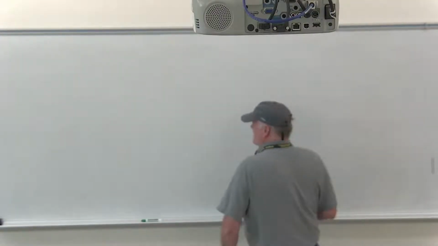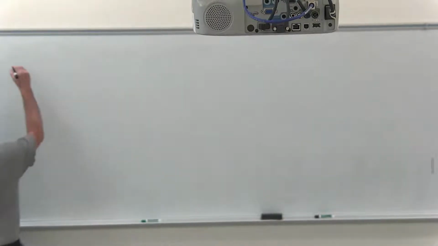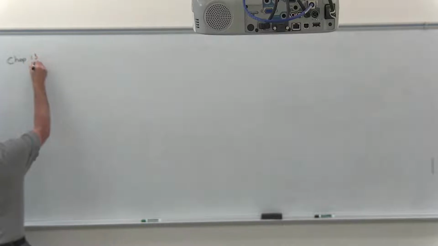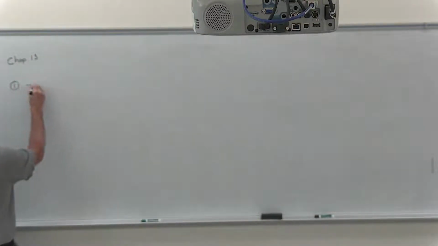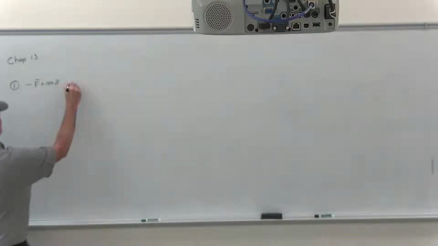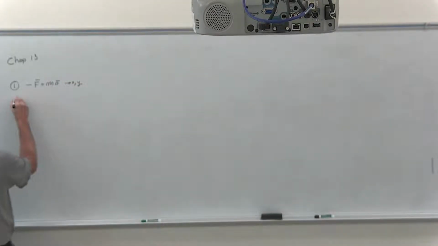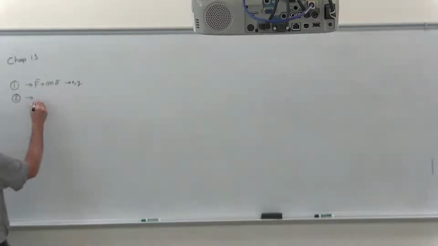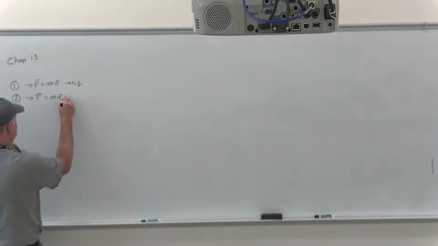So, chapter 13 has three portions. The first portion is just straight F is equal to MA in X, Y. Then there's a portion that is F is equal to MA in polar.